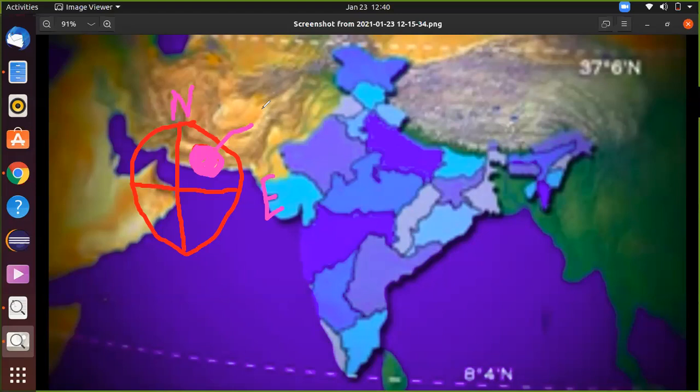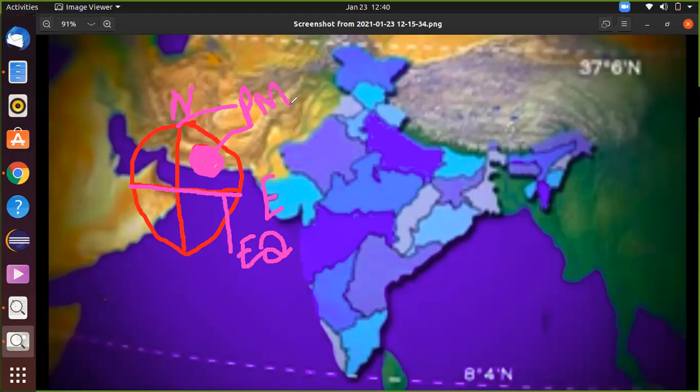Now one more point that I wish to concentrate on is this line here. This is the equator. EQ means equator, so mark it here. And this one is the prime meridian, PM.